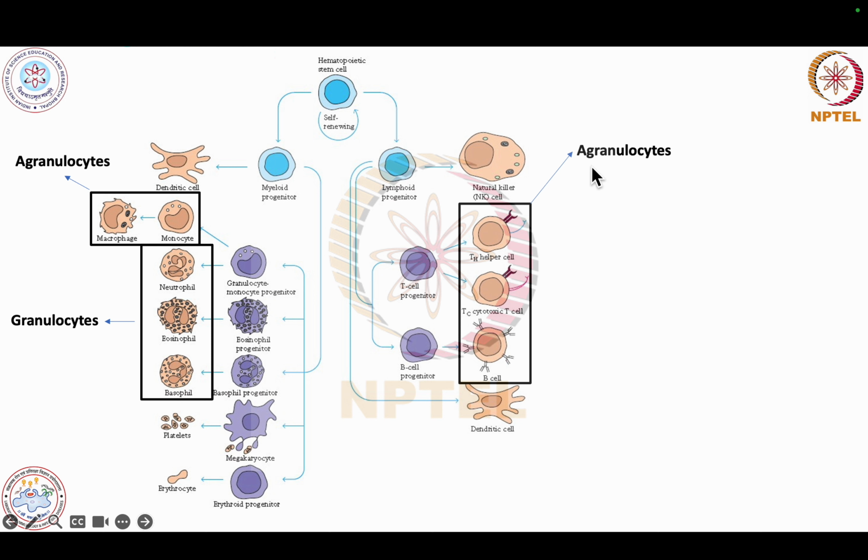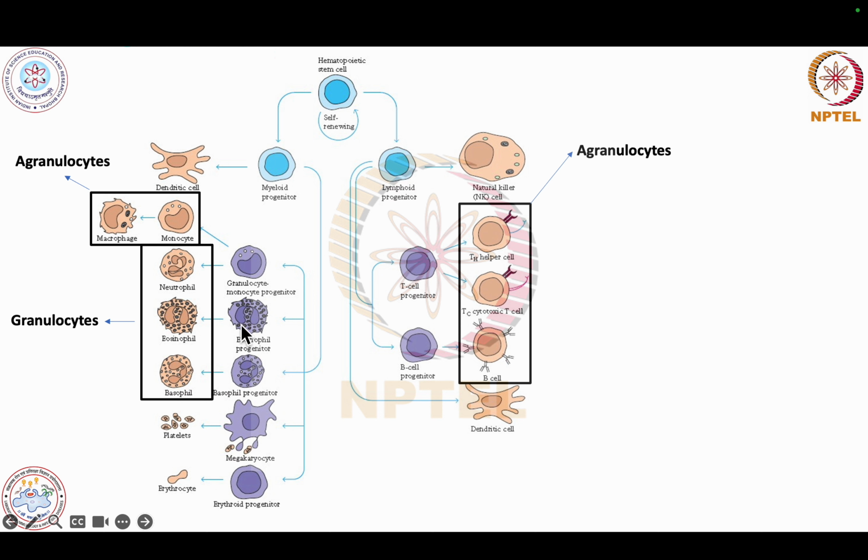These cells are called agranulocytes because they don't have any granules inside them. From myeloid progenitor, we get dendritic cells, granulocyte-monocyte progenitor, eosinophil progenitor, basophil progenitor, megakaryocyte and erythroid progenitor. From erythroid progenitor we get erythrocytes. From megakaryocyte we get platelets.